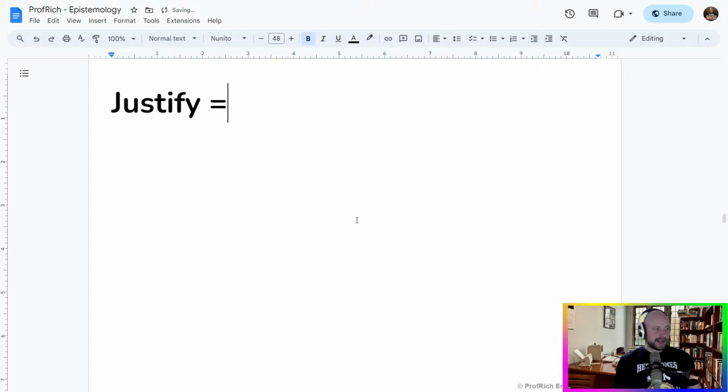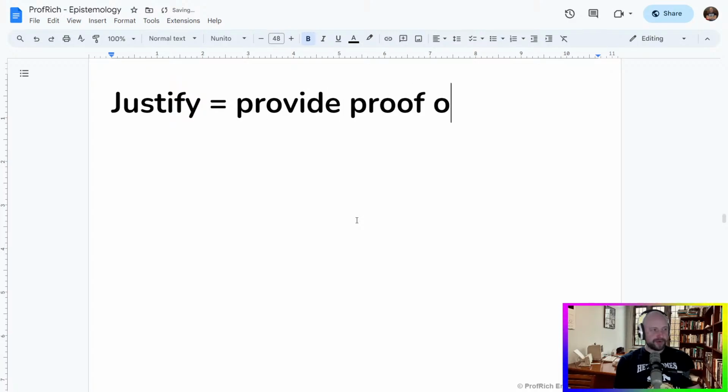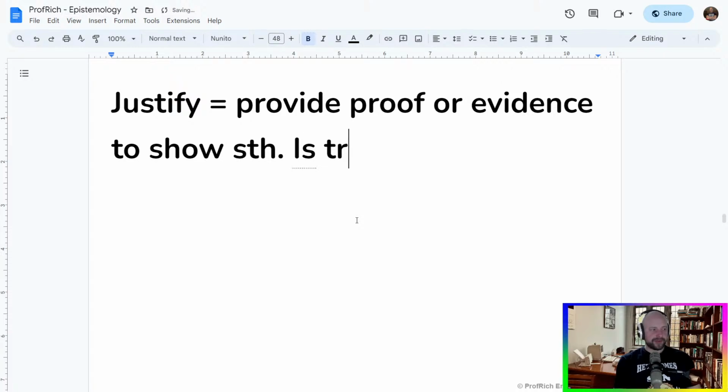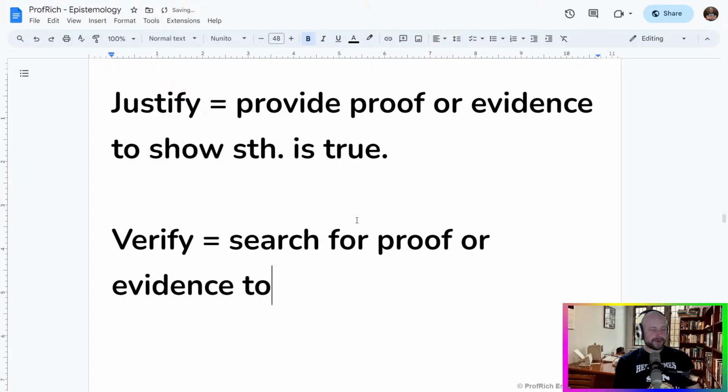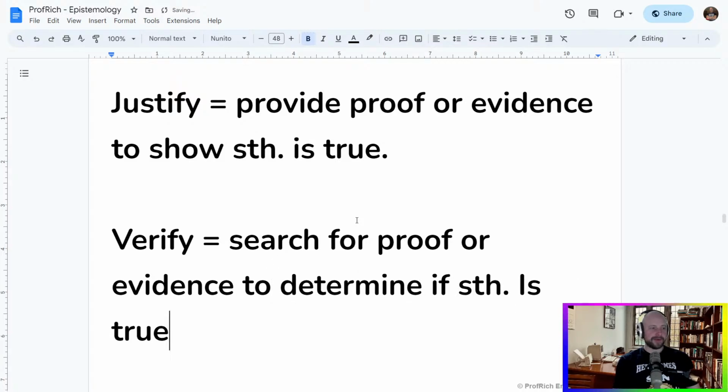So justify is provide proof or evidence to show something is true, and verify is search for proof or evidence to determine if something is true. So you can't use them exactly interchangeably, Ashley.